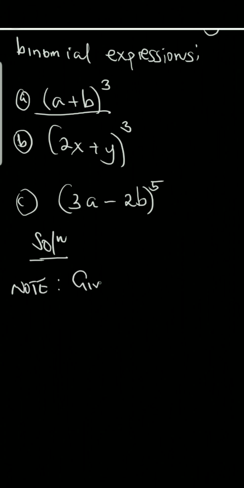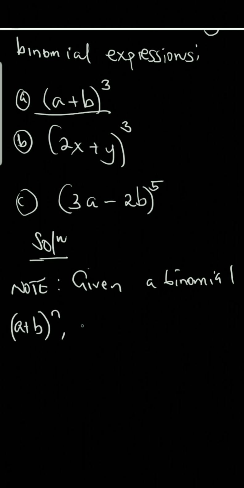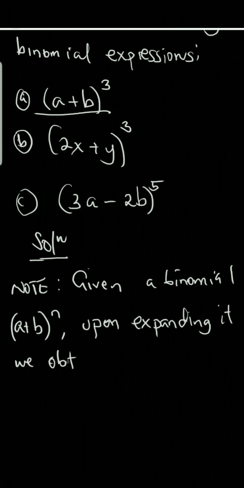Now, one thing that you need to note is, given a binomial, which we know is in the form (a + b) raised to the power n, whatever the power n is, when you expand it, the expansion will give you n + 1 terms.